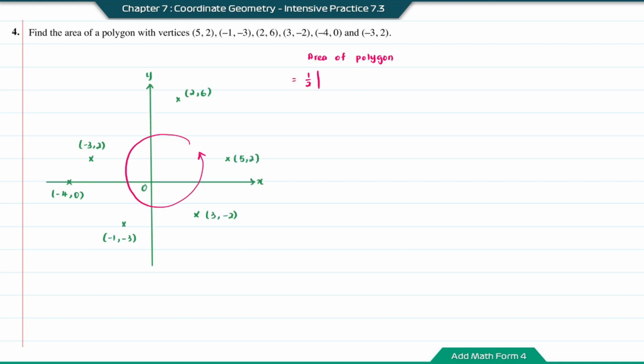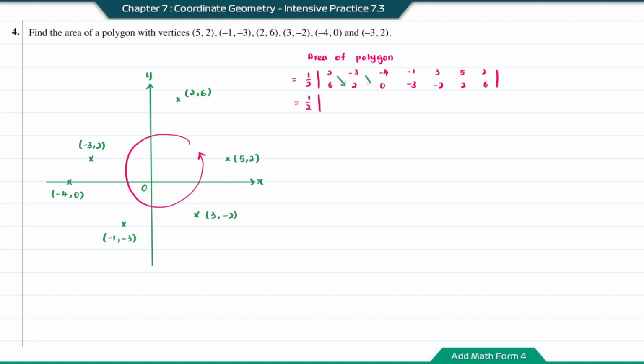So here I'm going to arrange the coordinates anti-clockwise. Start with the coordinates (2, 6), then followed by (-3, 2), (-4, 0), (-1, -3), (3, -2), (5, 2), and end with (2, 6).